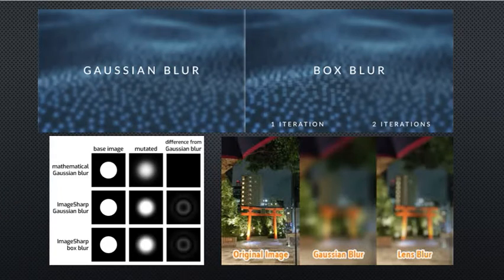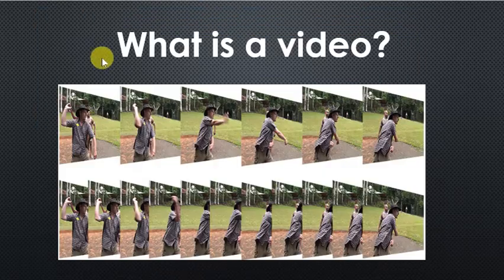We have understood what an image is, but what is a video? A video is nothing but a collection of images. Any video that we see has frames per second that are images running in a loop, so we see it moving, but it is nothing but images, and an image is a matrix.